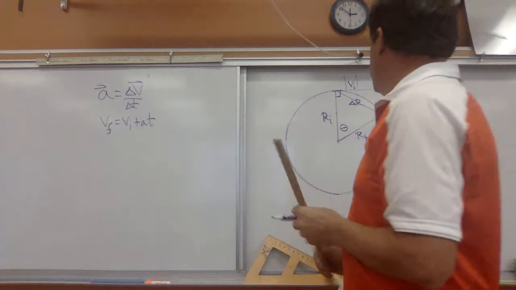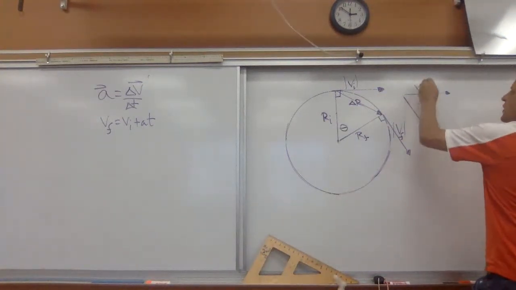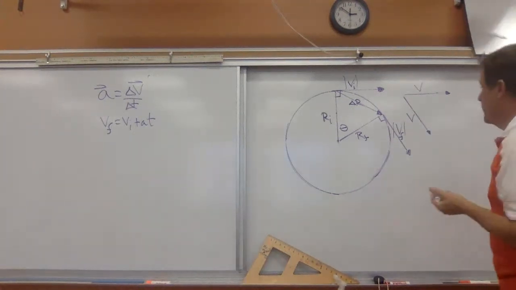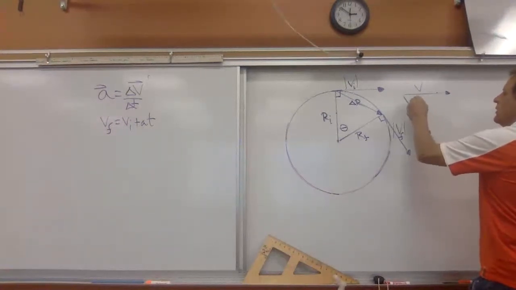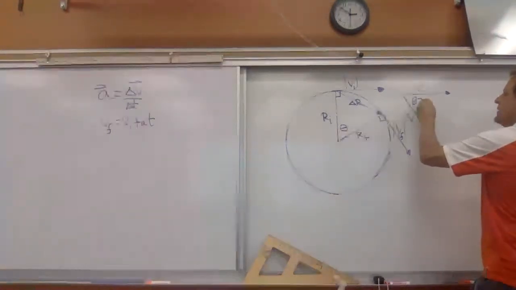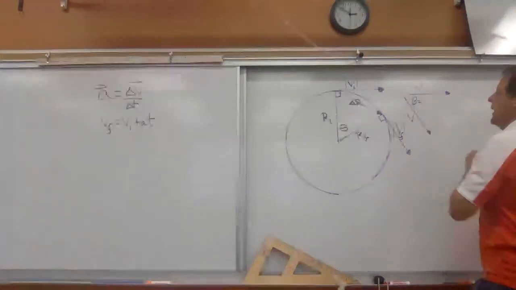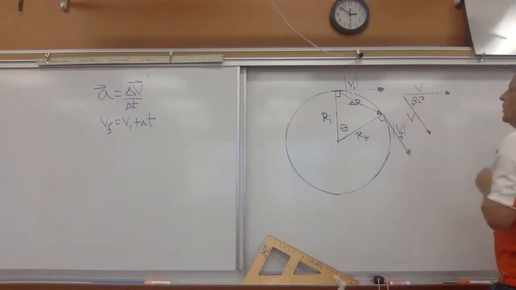And remember, we can pick up these vectors. I'm just going to call these velocities, even though they're absolute values, they're speed. And we want to know what this angle is. I am going to call that angle beta, and we don't know what that is.